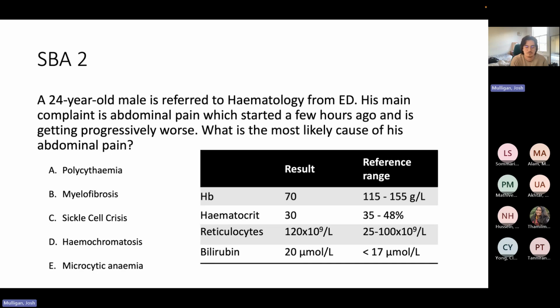So if we start to break it down, going through the blood test results, his hemoglobin's low, so he has an anemia. His hematocrit, which is basically the amount of red cells in his plasma, is also low, but his reticulocytes are high.